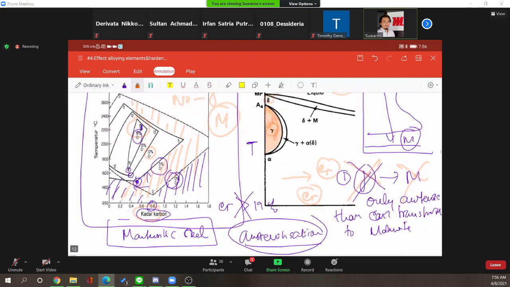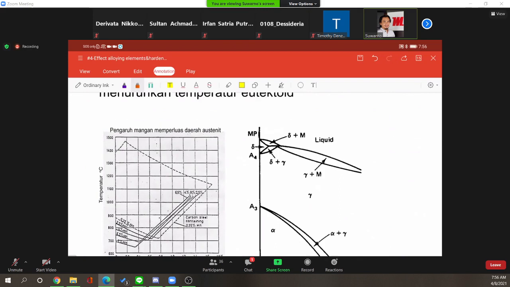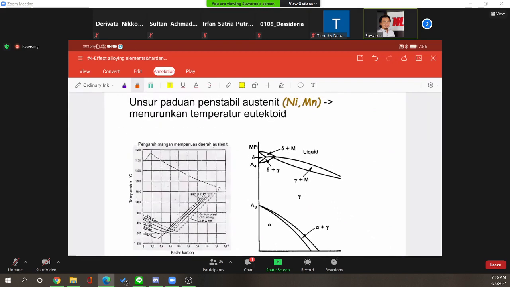Okay, and then how about putting in more things that stabilize austenite? For example, nickel. On the left side, this is the same case. We have the chromium, but now we change. Instead of adding chromium, we add nickel. So what if you add nickel?